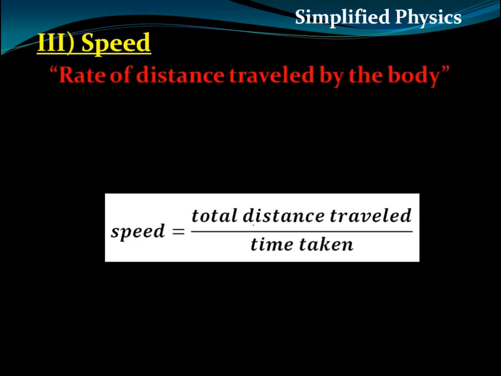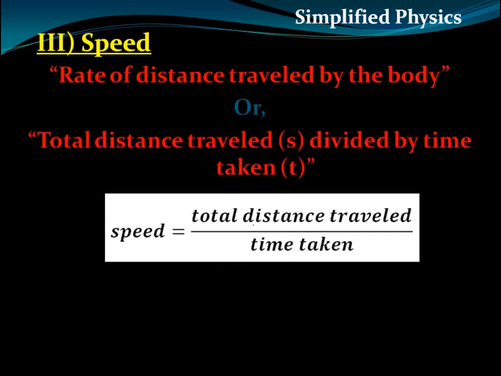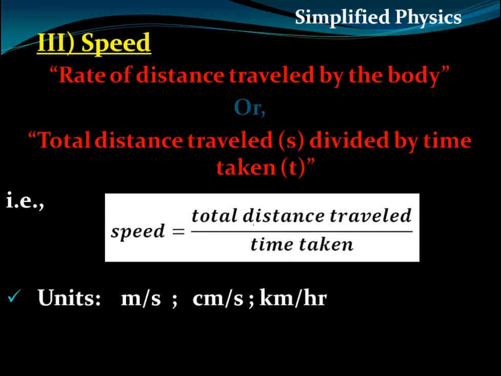And the next term is simply the rate of distance traveled by the body. Distance traveled per unit time is simply called the speed, or simply distance traveled by time taken is the speed of the body. The SI unit is meter per second, CGS unit is centimeter per second, and another unit is kilometer per hour.